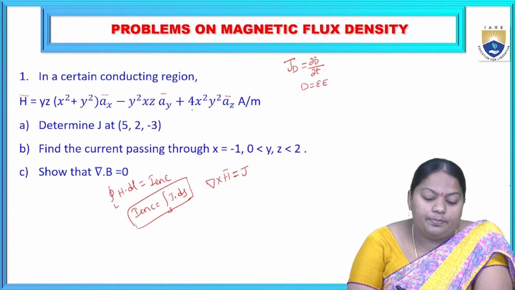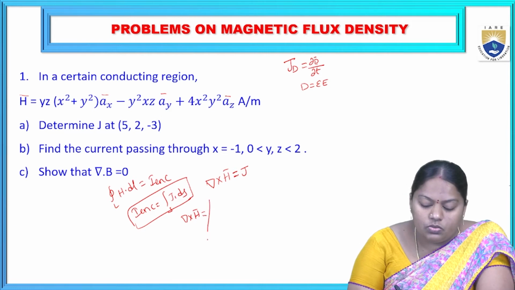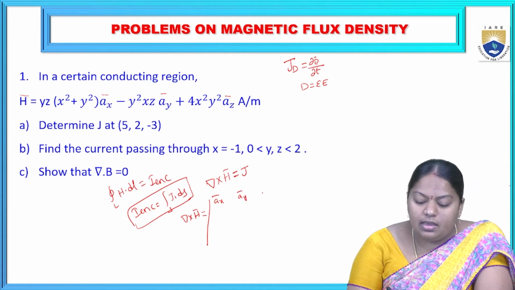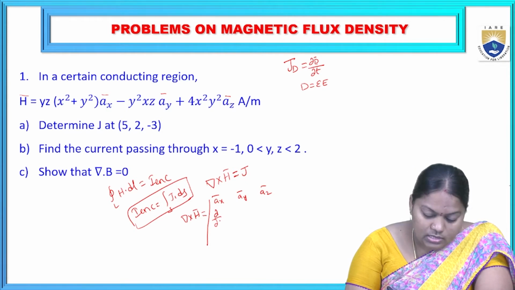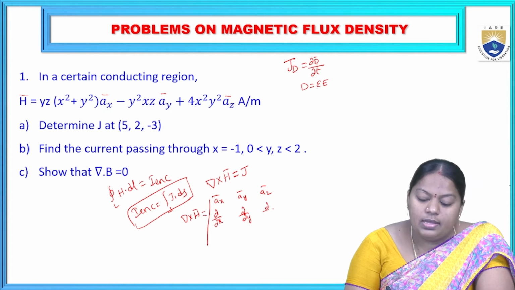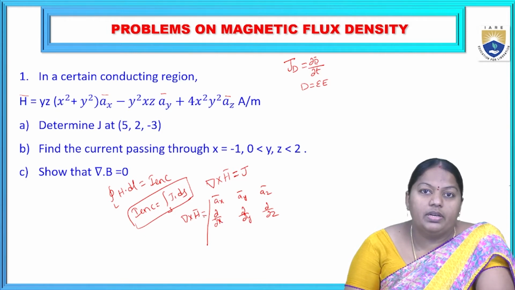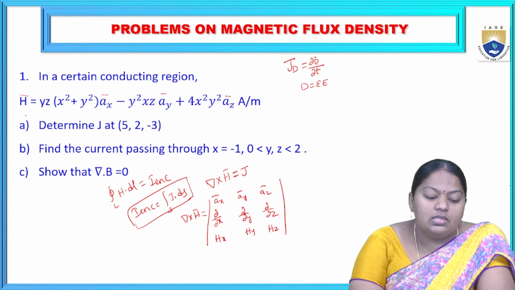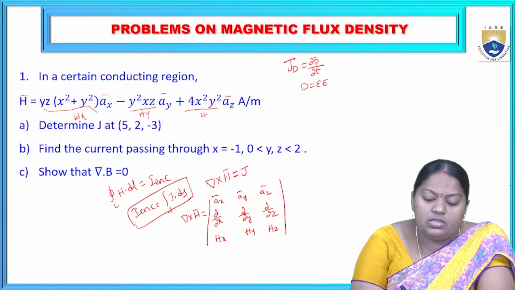Expressing del cross H bar in determinant form, in the first row we write the unit vectors ax, ay, az, in the second row the partial derivative terms dou by dou x, dou by dou y, and dou by dou z, and in the last row the magnitudes Hx, Hy, and Hz, because H is given as Hx ax, Hy ay, and Hz az.